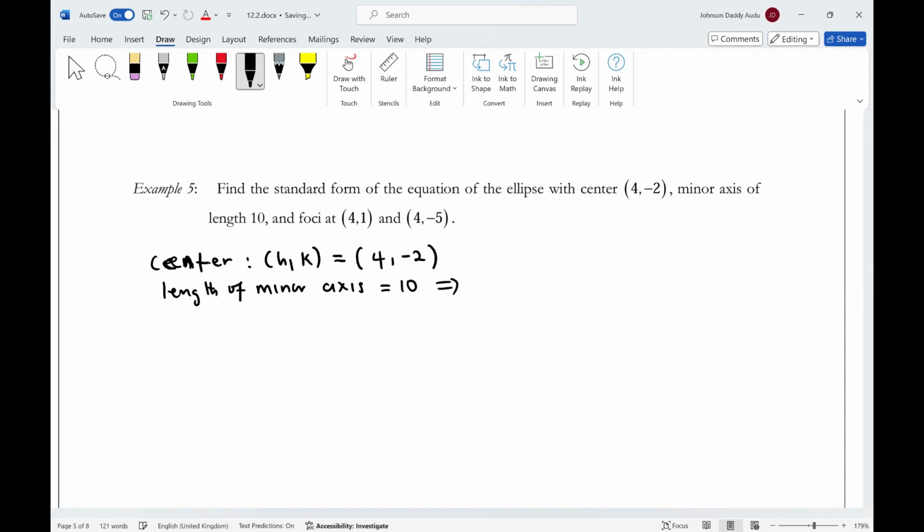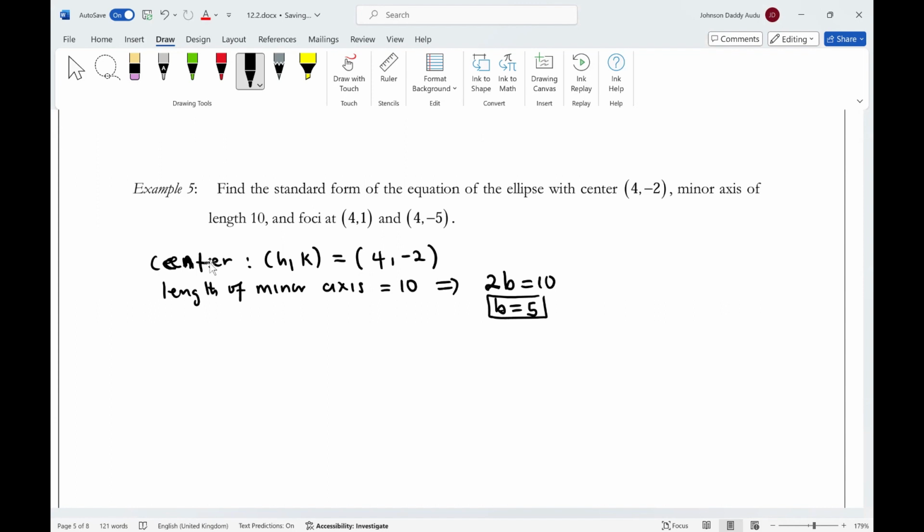This implies that 2B is equal to 10, so it means that B is equal to 5.